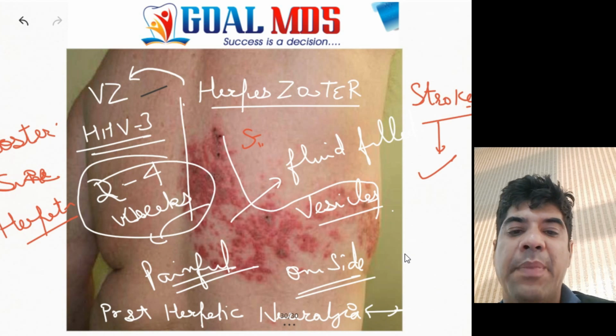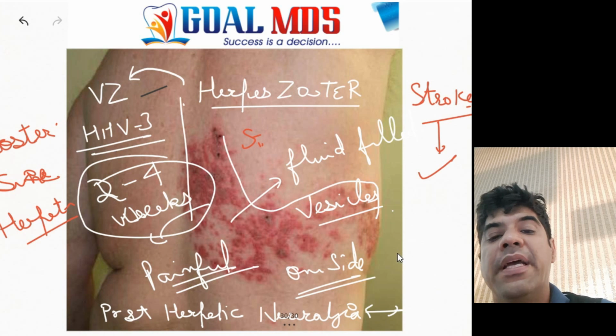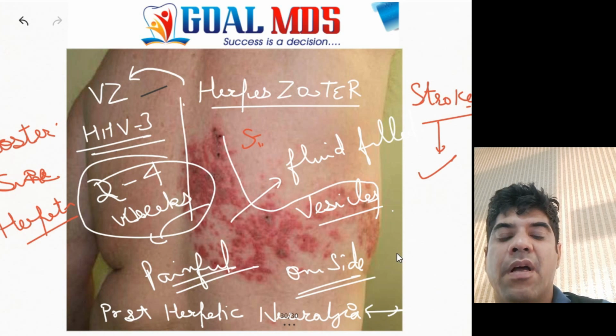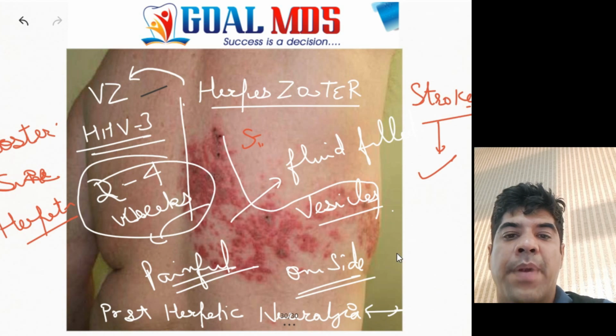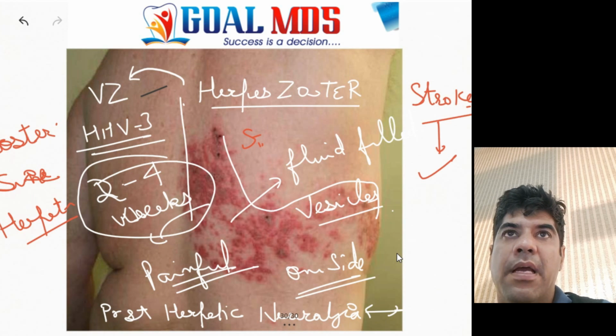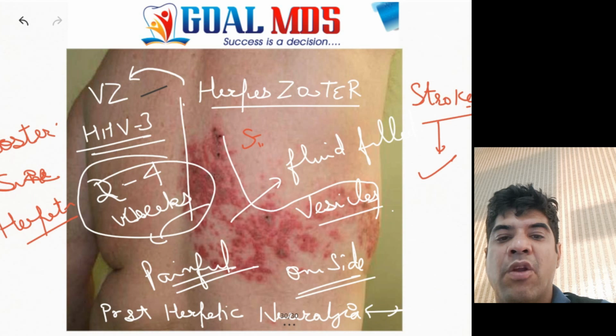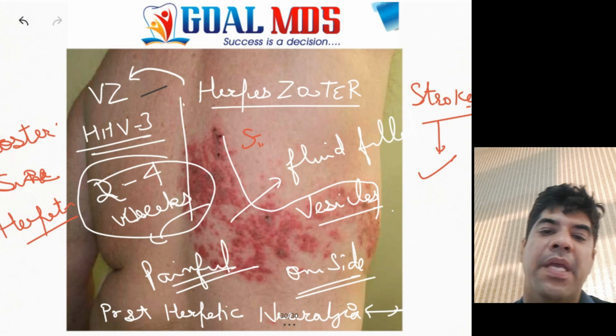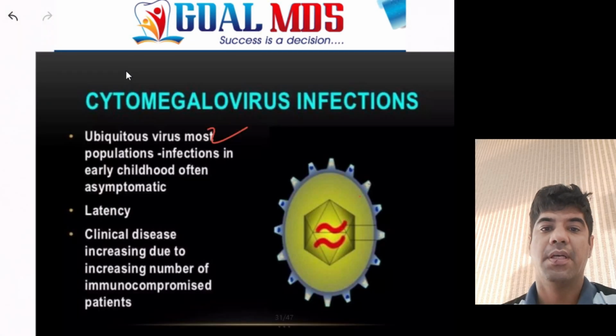The treatment for herpes zoster is similar to that of primary herpes simplex virus. An antiviral regimen and painkillers could be given, and drugs like acyclovir and famciclovir can be given.